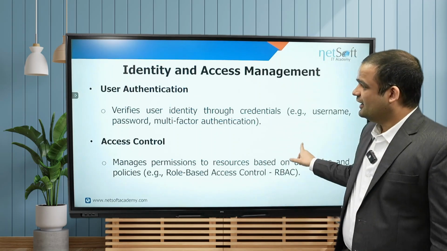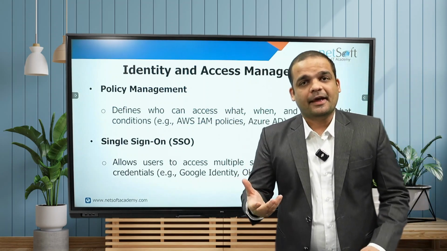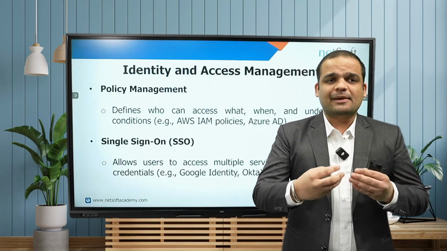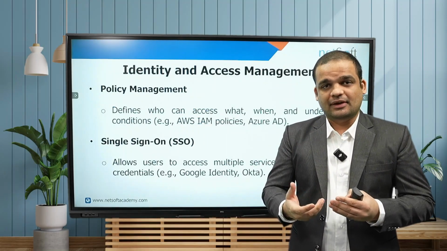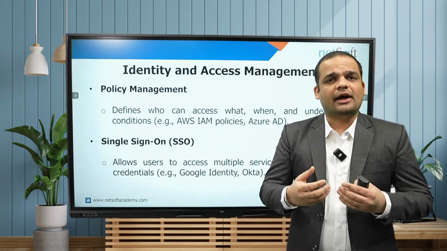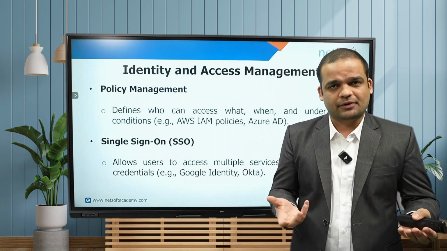The next one is policy management. Security policies define who can access a specific resource, when they can do so, and under what specific conditions. Examples include your AWS IAM policies or your Entra ID policies on Azure.